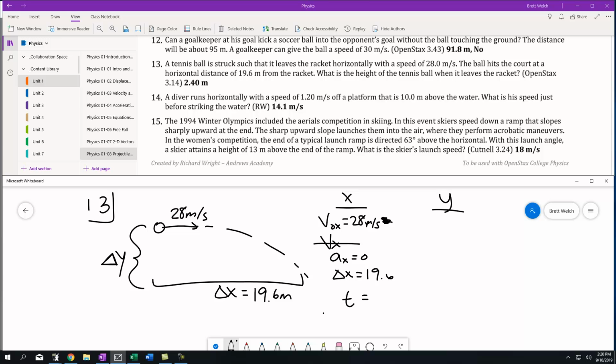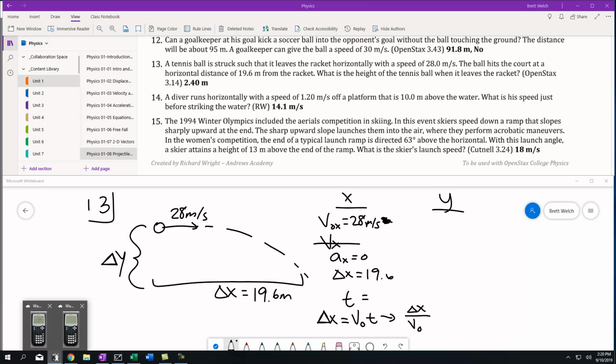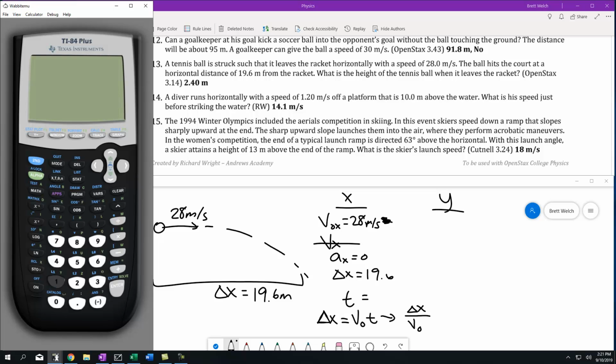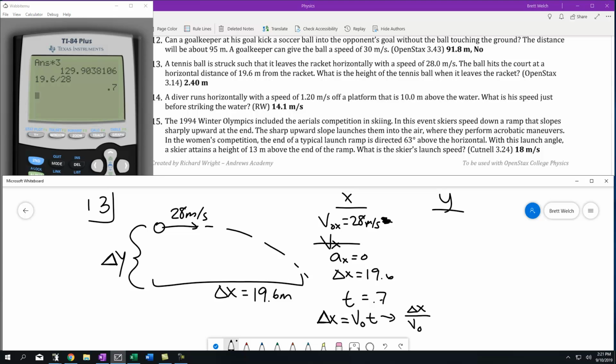But if I use delta x equals v naught t, then all I have to do for t is take my delta x and divide it by v naught, right? So 19.6 divided by 28 produces a 0.7 second time.